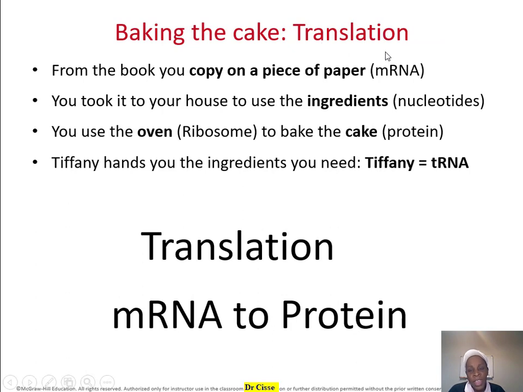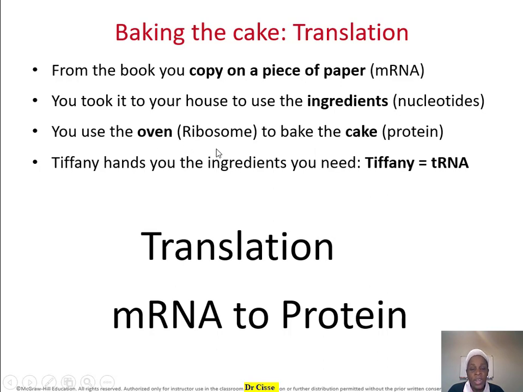How do you bake the cake? The baking of the cake is called translation. From the copy of the book on a piece of paper, which is the mRNA, you took into your house to use the ingredients, or those ingredients are called nucleotides. Then, because the nucleotides are the pieces of the mRNA, then you put them in the oven.